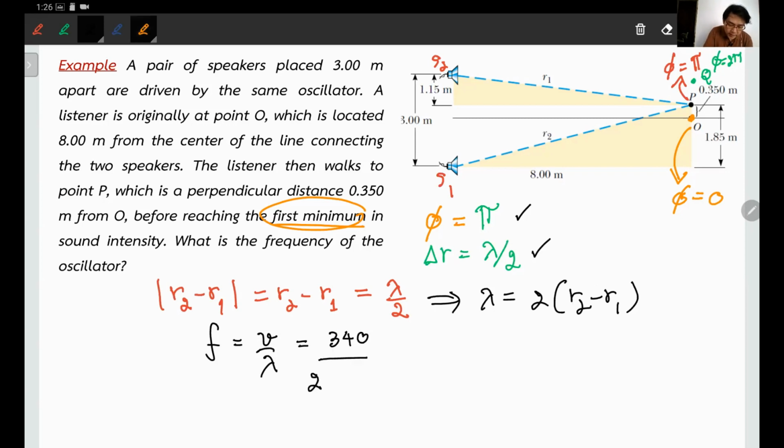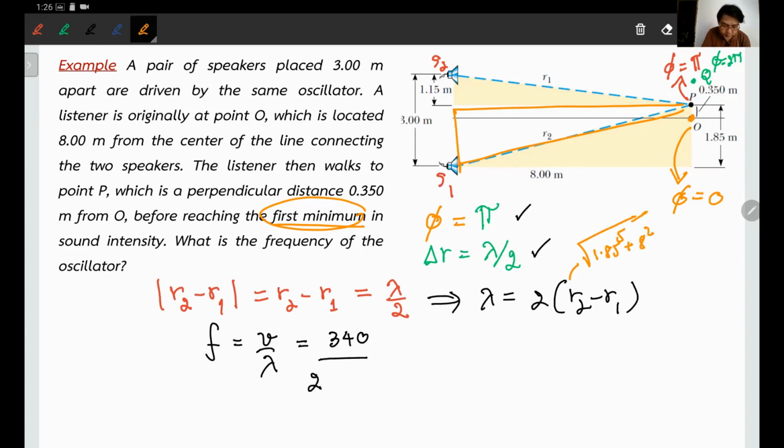Now, the complexity of this one is just calculating the R2 and R1 through the Pythagorean theorem. It's number crunching a bit. So R2 is just a square root. From the look of this one, it's this triangle right here. So it's going to be the square root of 1.85 squared plus 8 squared.